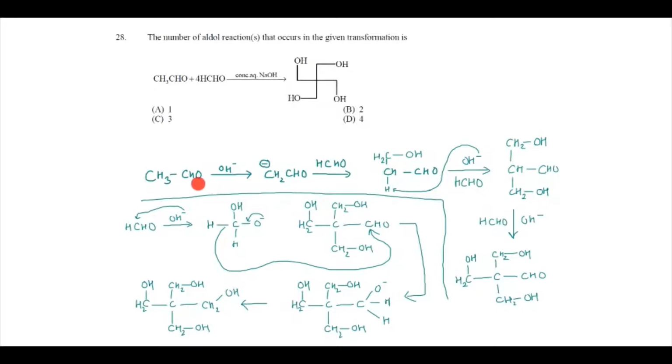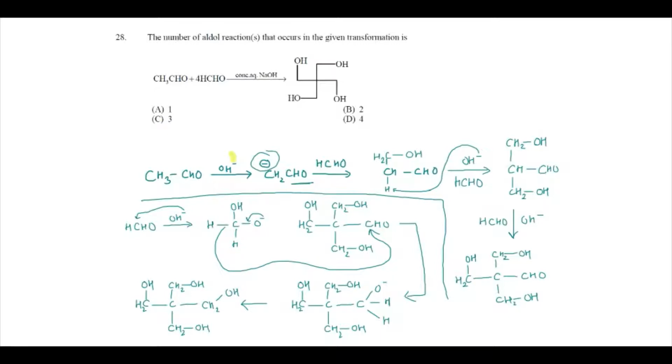We have the acetaldehyde here in presence of the base, which is taking a proton from the acetaldehyde, and we are getting a carbanion here, which is stabilized due to the nearby carbonyl carbon and the oxygen attached with the carbonyl carbon.